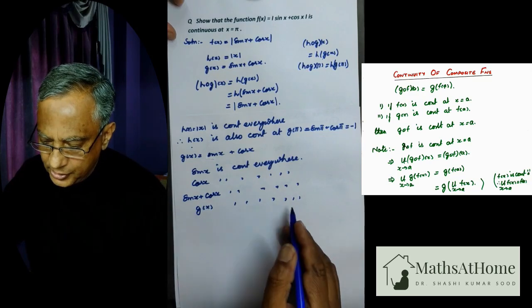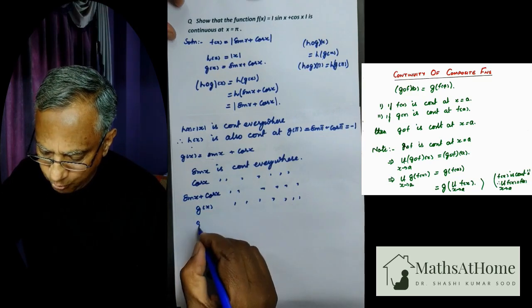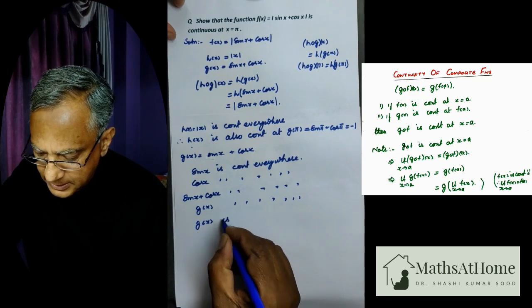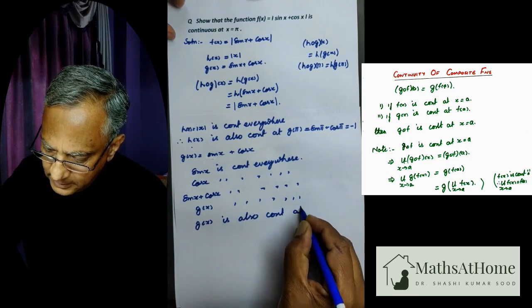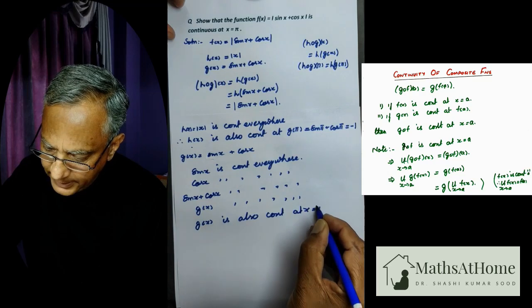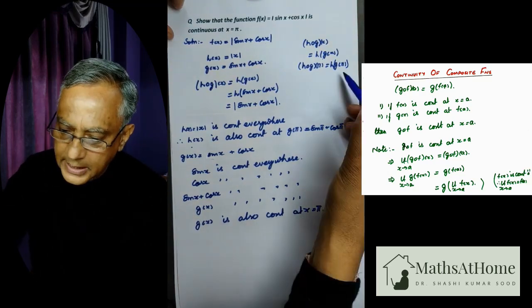And since this is continuous everywhere, therefore gx is also continuous at x equal to pi.